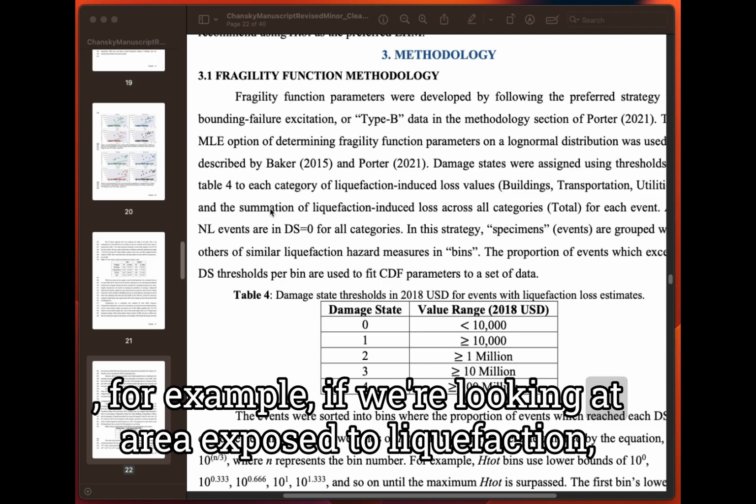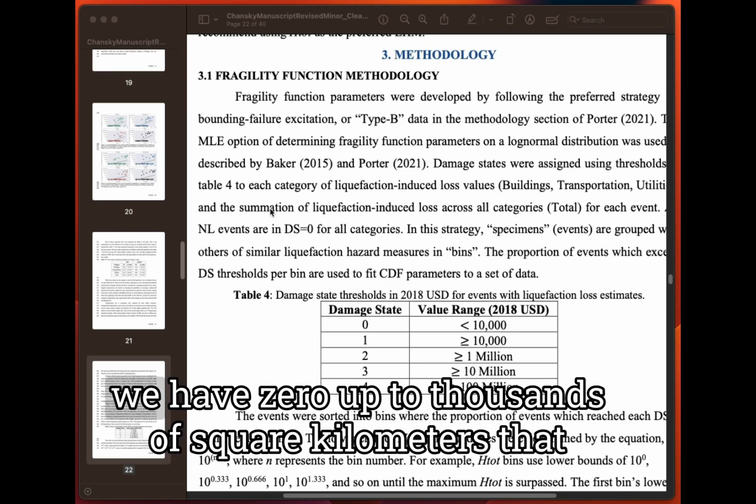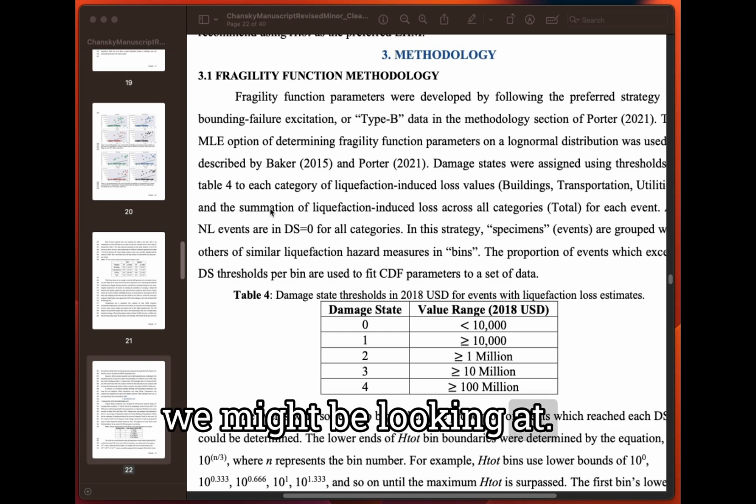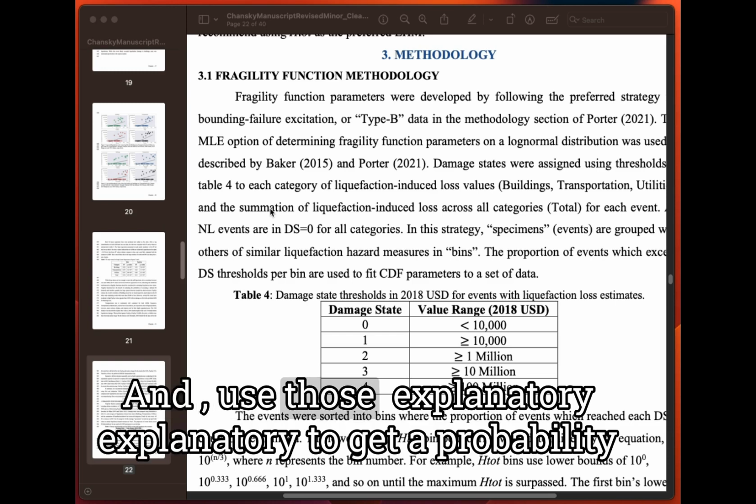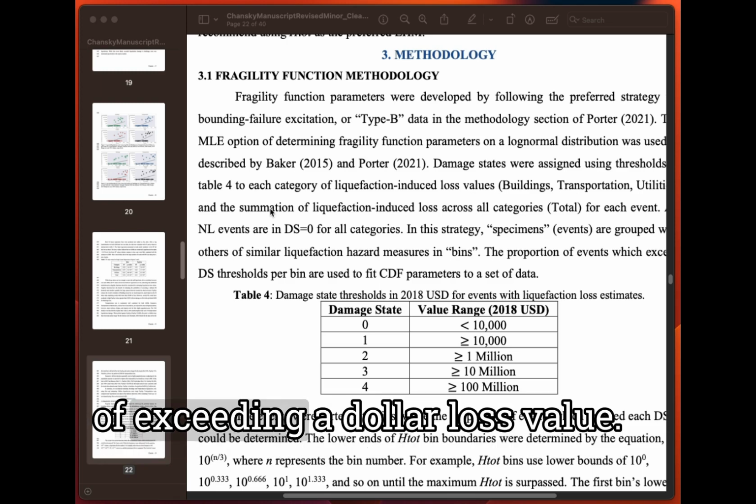For example, if we're looking at area exposed to liquefaction, we have 0 up to thousands of square kilometers that we might be looking at, and use those values to get a probability of exceeding a dollar loss value.